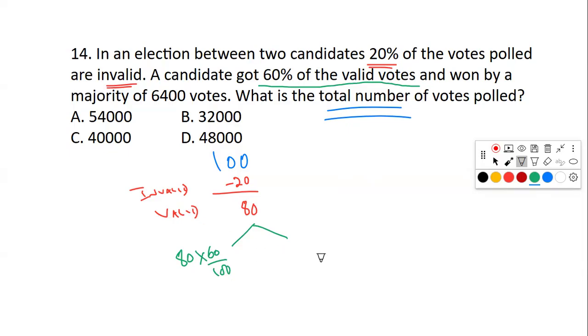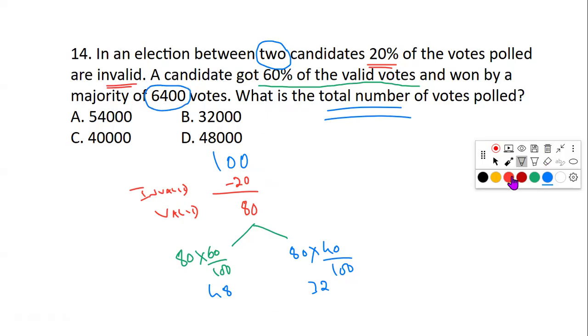And what does it mean? How about the other person? The other person will get, because it's again only two candidates, 40%. 60% you have already taken. The remaining will be 40%. So 8 6s are 48 here and 8 4s are 32 here. Okay, so won by a majority of 6,400 votes.